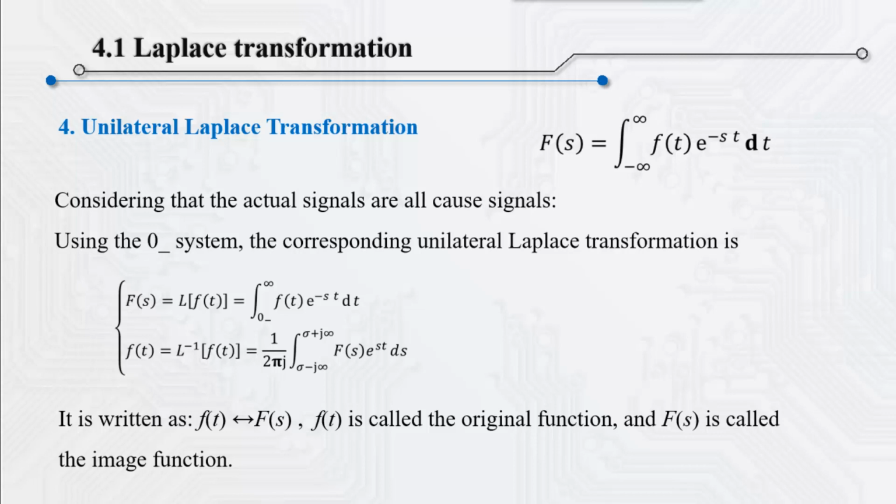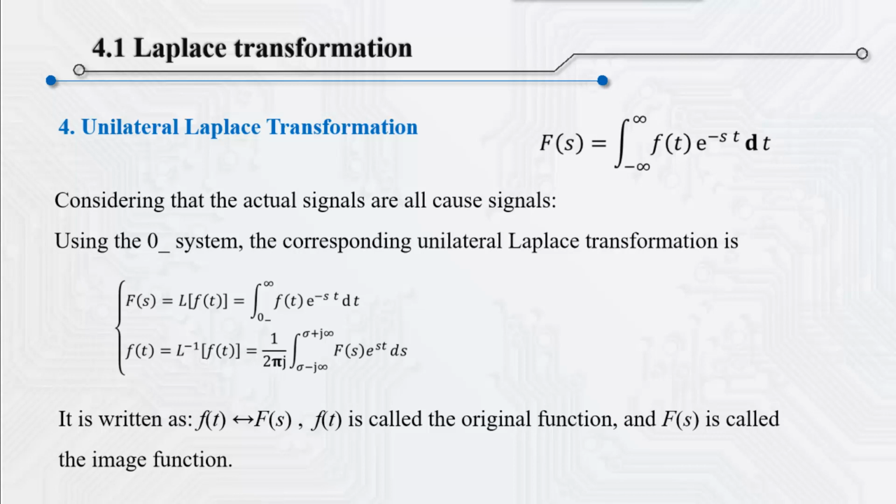Most actual systems are causal systems, and the signals are causal signals if they start from the zero moment. The integral range of t, from negative infinity to positive infinity, becomes from 0 negative to positive infinity.